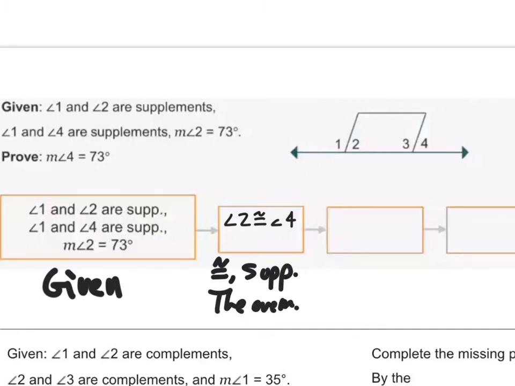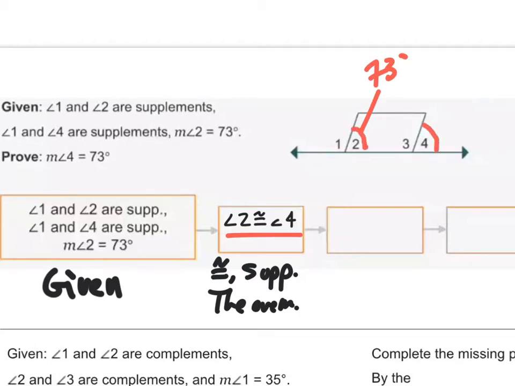Now, I know that angle 2 is 73 degrees, so I'm going to call this angle here 73 degrees. And I know that angle 2 and angle 4 are congruent by the congruent supplements theorem, so I'm going to put a congruent symbol here.